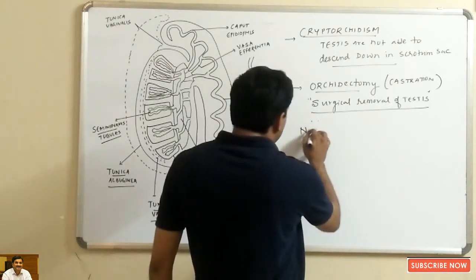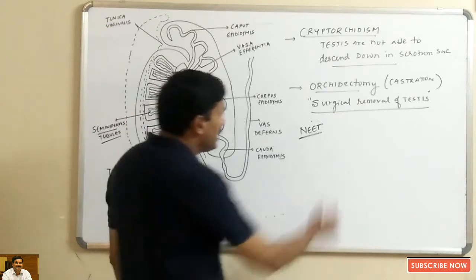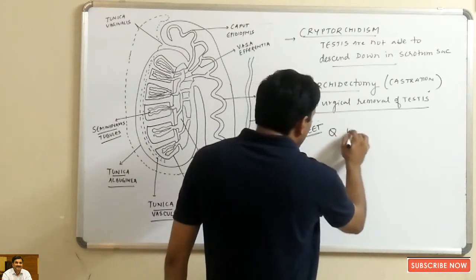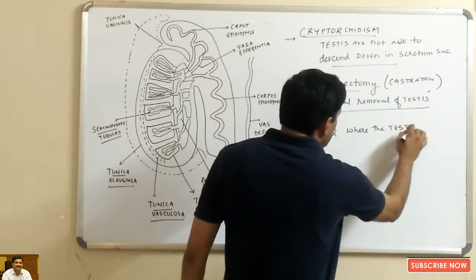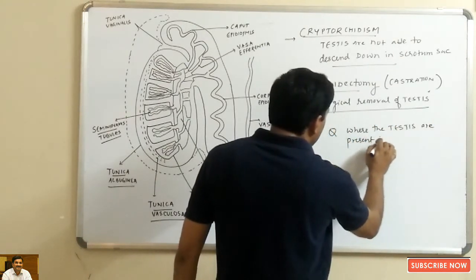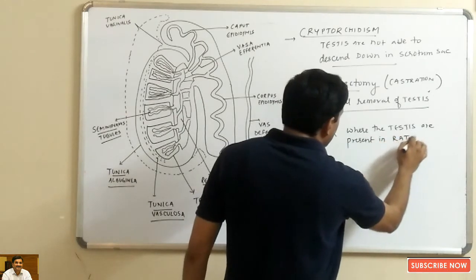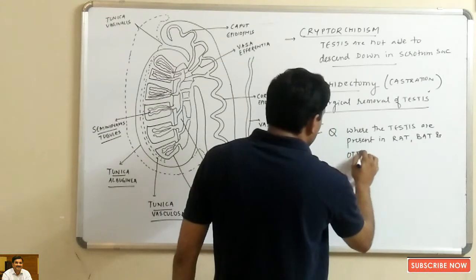Sometimes in PMTs and NEET exams a question may be asked: where are the testes present in rat, bat and otter?